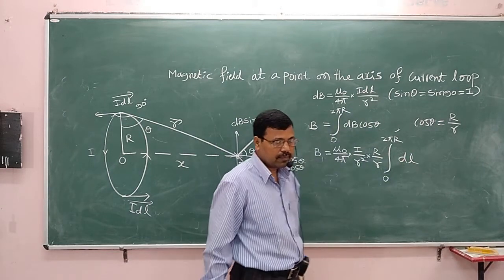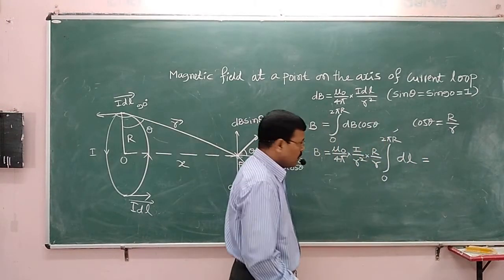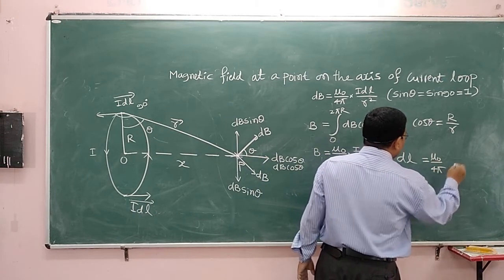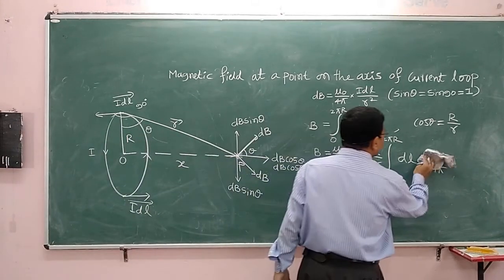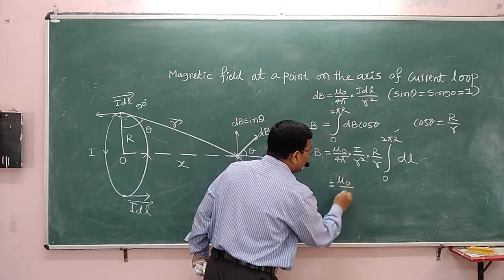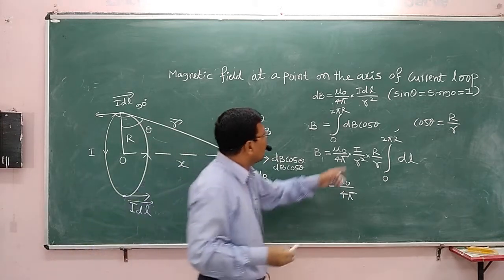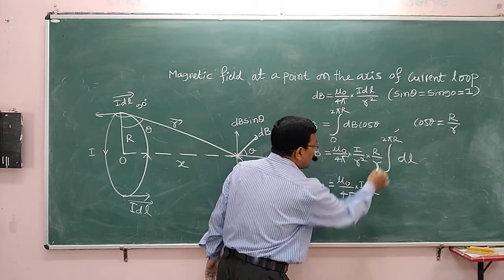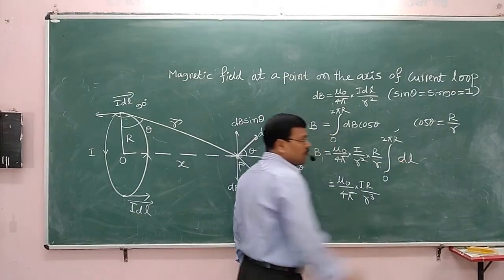So this is equal to mu naught by 4 pi, I r by R cube, I will write R cube, dl.